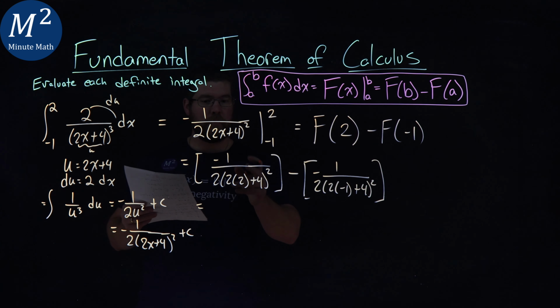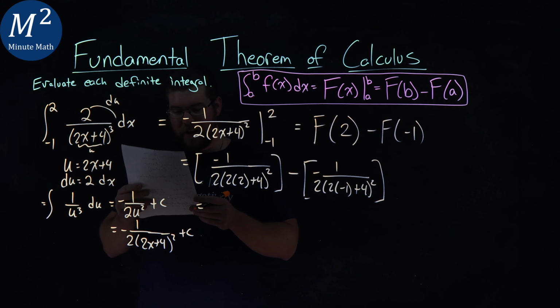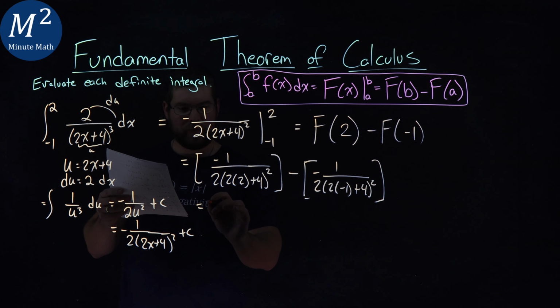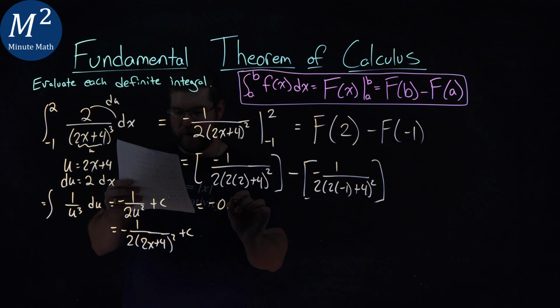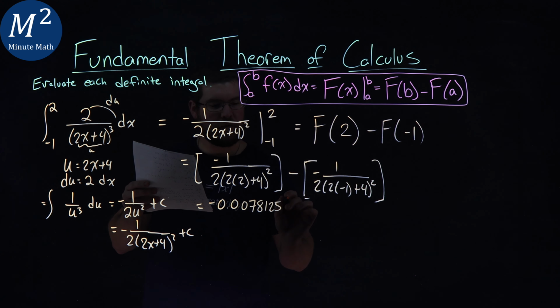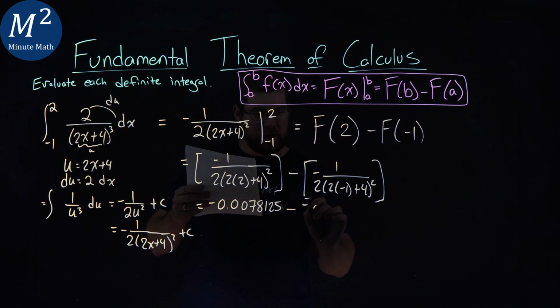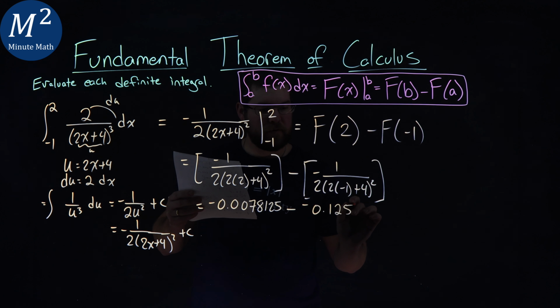The first part, when we plug 2 into our integral, we get a good old long decimal, negative 0.0078125, minus the second one. Plugging a negative 1 into our integral, we get negative 0.125.